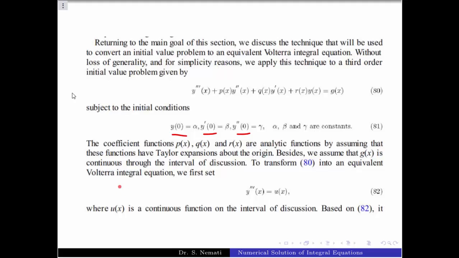We suppose that the third order derivative of y is equal to the function u. We actually set this. We set u of x equals the third order derivative of y. Now we take integral from both sides of this equality.